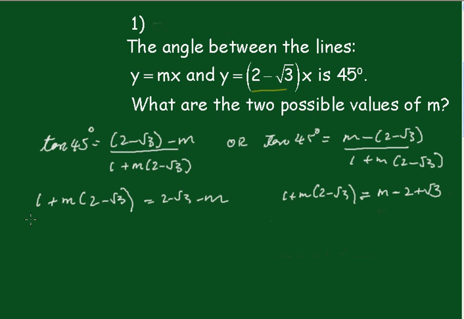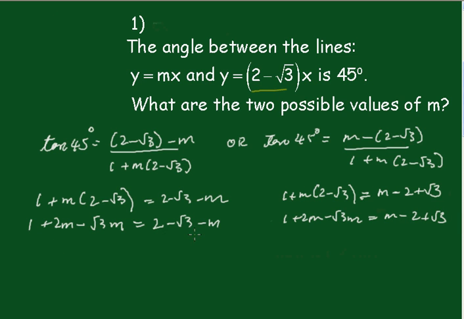Alright, removing the brackets here, we get 1 plus 2m minus root 3m equals 2 minus root 3 minus m. And this one becomes 1 plus 2m minus root 3m equals m minus 2 plus root 3.